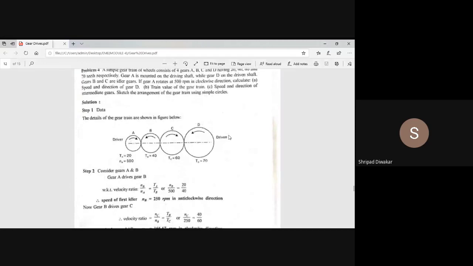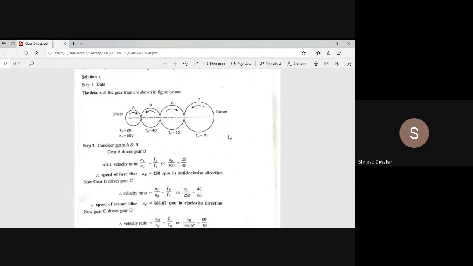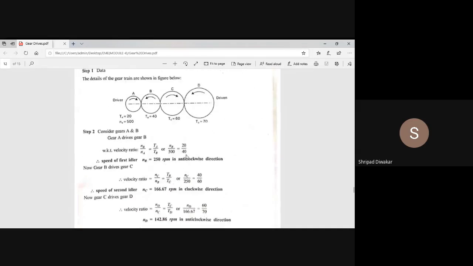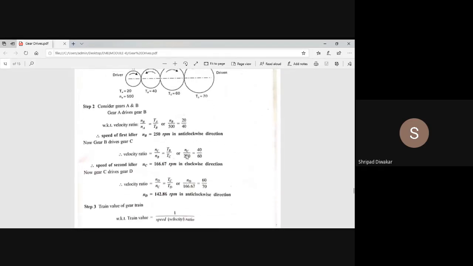One more thing they have asked, that is the value of the gear train. Okay, value of gear train, one more additional equation is there. You remember, train value is given by the reciprocal of the speed ratio or velocity ratio. Train value is 1 divided by speed ratio. But what is the speed ratio? Speed ratio is nothing but our ND divided by NA. You see the overall arrangement, we have to take the speed ratio as ND divided by NA.